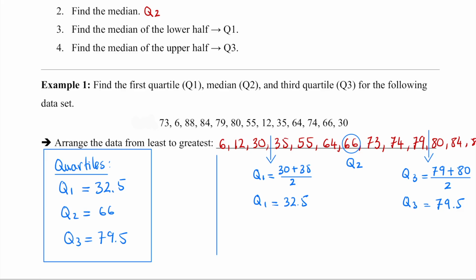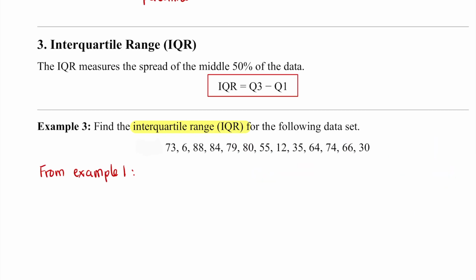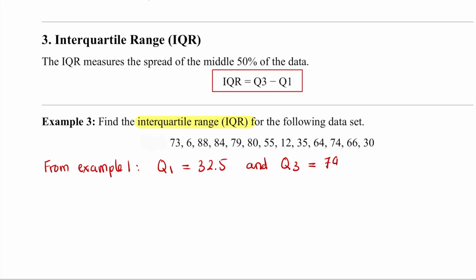From example 1, Q1 is 32.5 and Q3 is 79.5. To find the IQR, I use this formula. IQR equals Q3 minus Q1. Q3 is 79.5 and Q1 is 32.5.